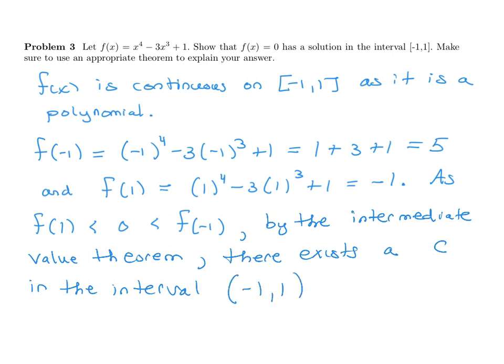It won't be the endpoints. It has to be within the interval, such that the function evaluated at this number is equal to 0. Now, what is this number? I have absolutely no idea, but we did actually do what the question asked. We found that there must be some number within this interval such that this equation is true.